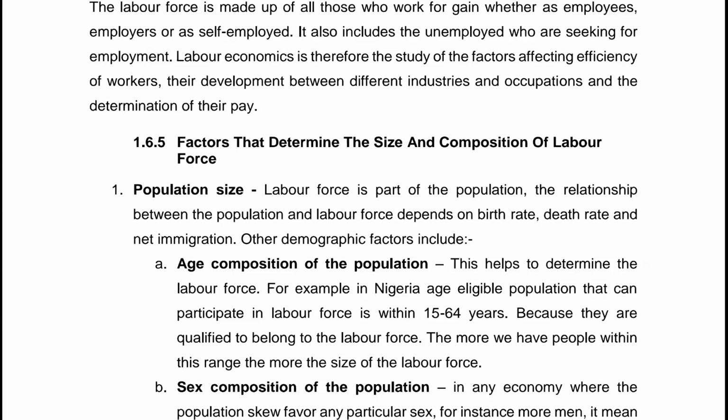The labor force is actually determined by the population size, number one.